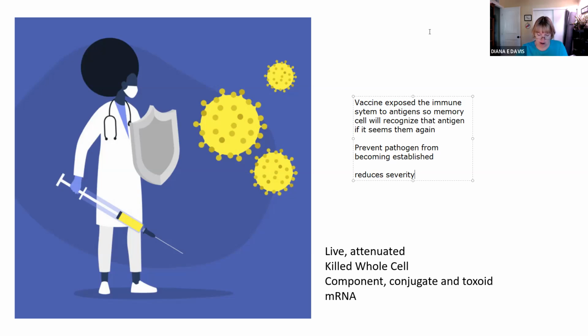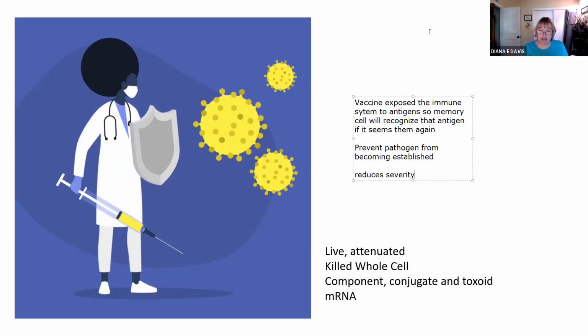So you have live virus or live bacteria. This is not safe for people who are immunocompromised because it does require your immune system to mount a response and kind of get rid of that attenuated virus or bacteria.